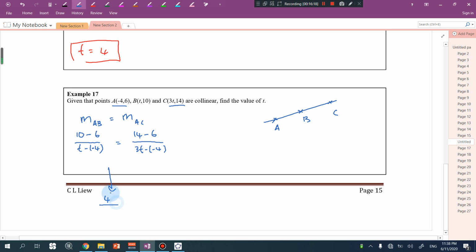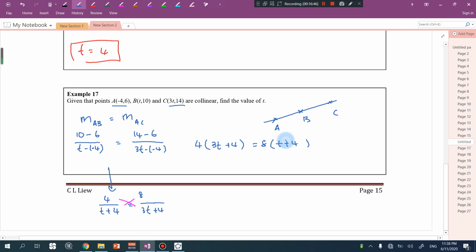So 4, this part, T plus 4. And then this is 8. 3T plus 4. Okay, so next we just cross multiplications. Four times 3T plus 4 is equal to 8 times T plus 4.